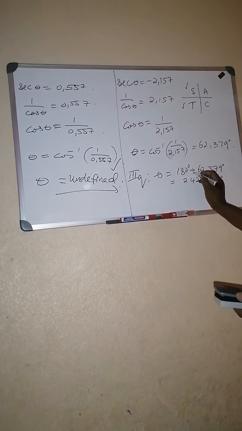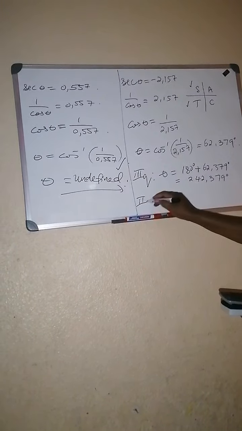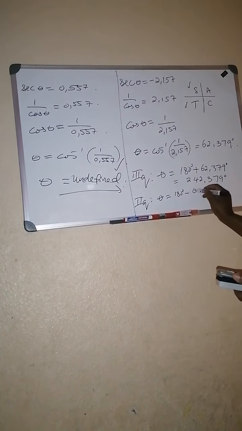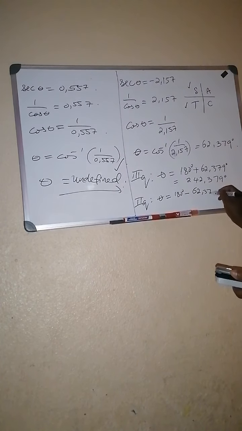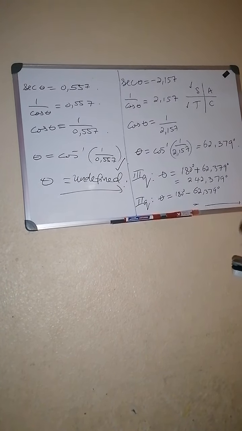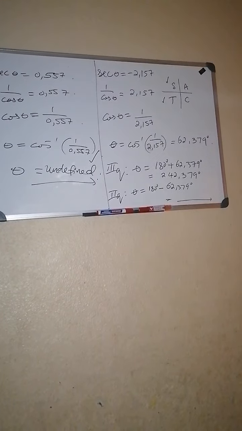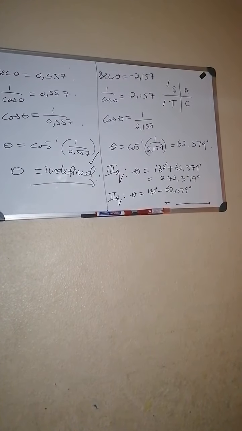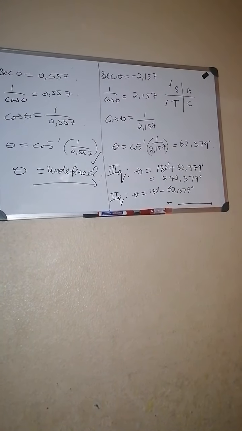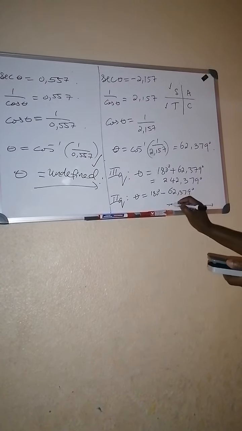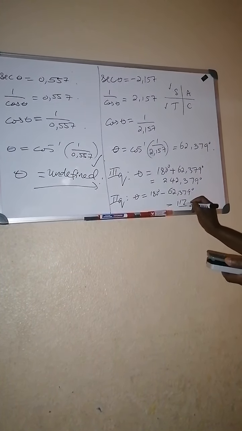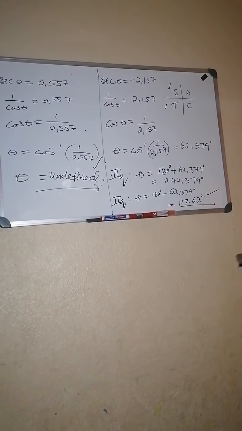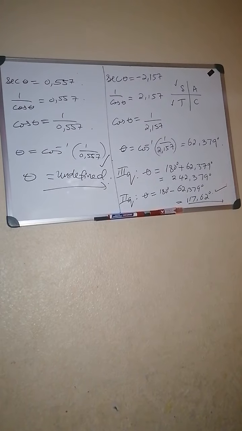This is in the third quadrant where we say the plus. But in the second quadrant, we will say theta is 180 degrees minus the 62.379 degrees. And this then gives 117.62 degrees. This will then be the solution.